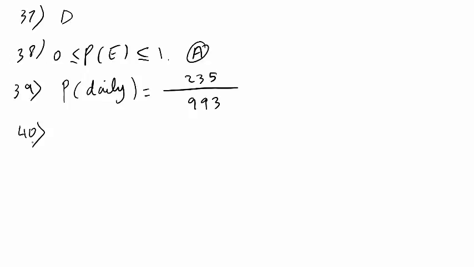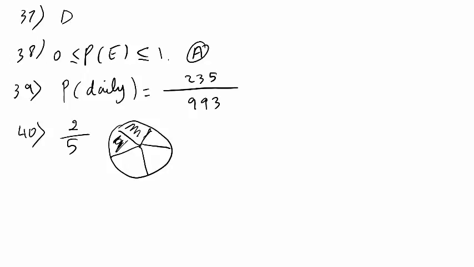Since we want 4 or 5, our answer will be 1 over 5 plus 1 over 5, 2 out of 5. So for the spinner again, there are 5 pieces and we want any 2 pieces, so it will be 2 out of 5.